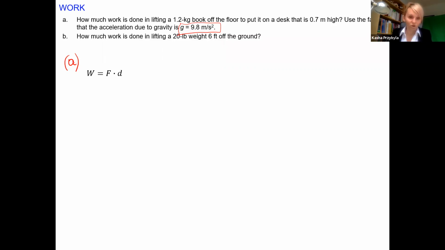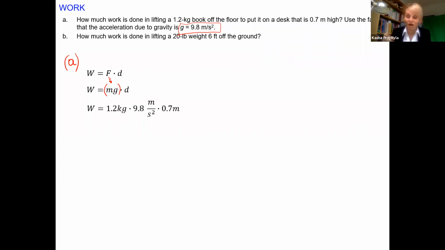Work is force times the distance, and force is mass times the acceleration due to gravity. That is the formula for force. Now, no problem, let's just substitute.